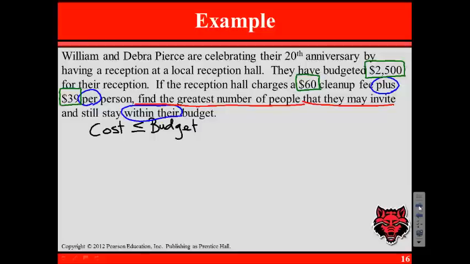We have a $60 cleanup fee plus $39 per, remember that means multiplication in this sense, per person. And isn't that what we're trying to find, the number of people? So 39 times x. So that would be the total cost. And that needs to be less than or equal to the budgeted amount, $2,500.